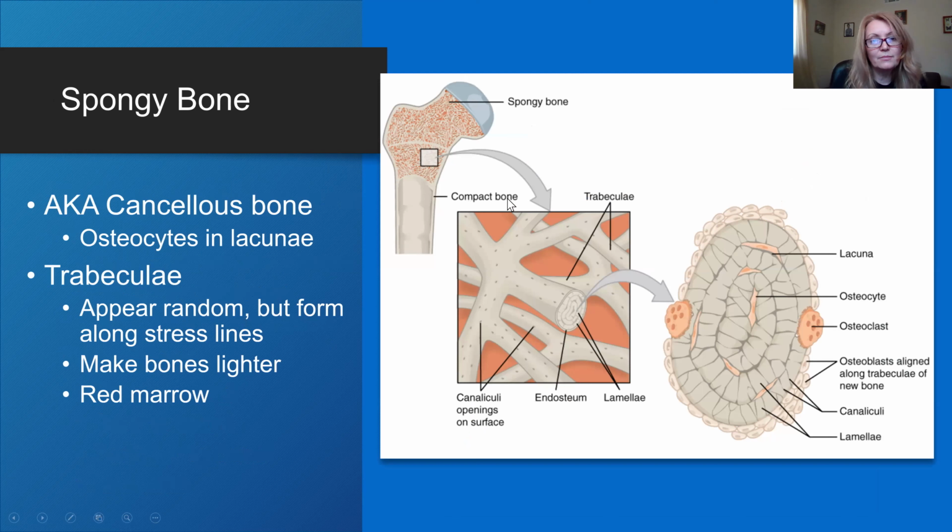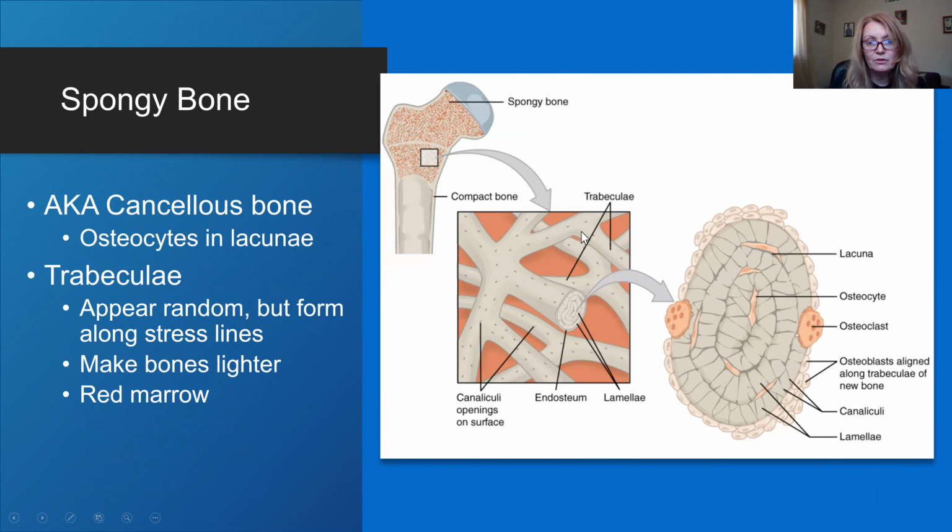Spongy bone, another name is cancellous bone. And we also have osteocytes in the lacunae. So here we see the lacuna and the cell is inside. And instead of osteons, we have trabeculae.